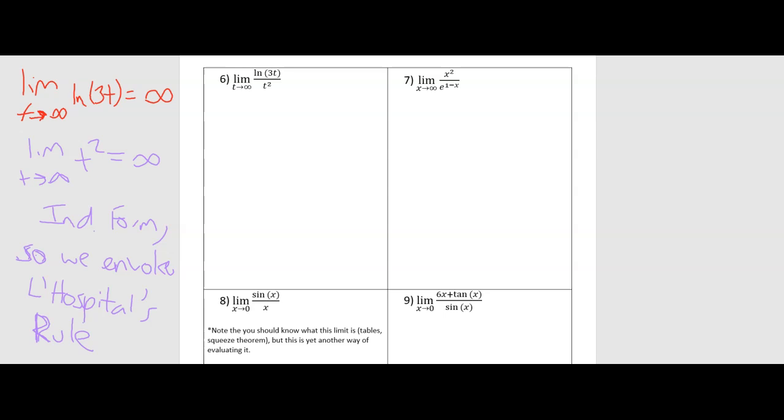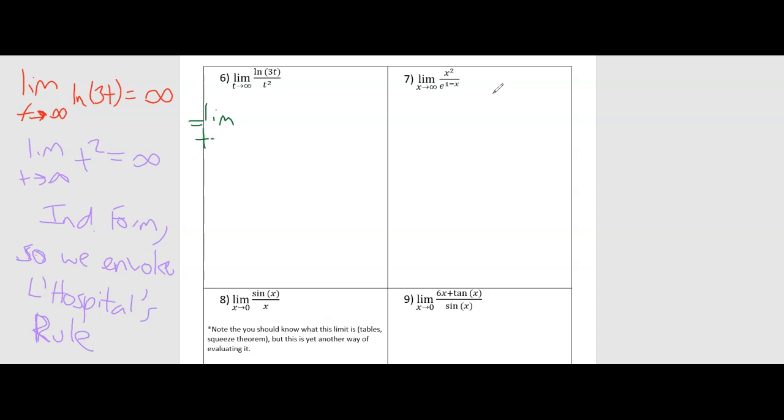So if you just invoke L'Hopital's rule without showing that, then you haven't showed the reader that you understand why we're allowed to invoke L'Hopital's rule. So this limit is now going to be equal to the limit as t approaches infinity of the derivative of my numerator divided by the derivative of my denominator.